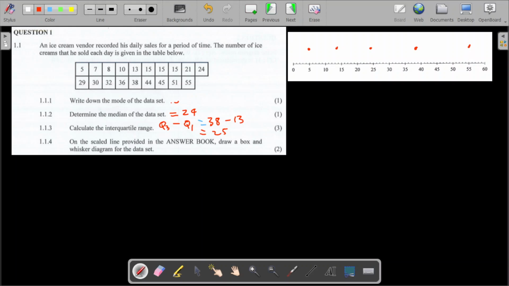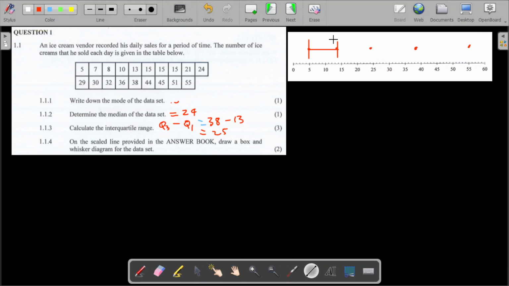So now let me draw my box correctly. It's going to be like this, and then from here I join it to be somewhere here, and then I join it to be this, and then from here I go this side, stop there. Sorry about that. Okay, let me just cancel this.